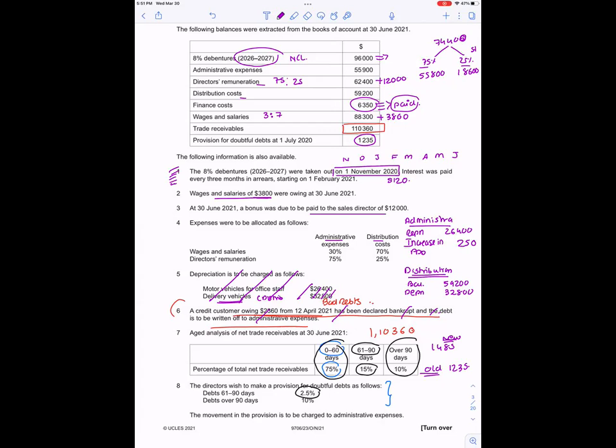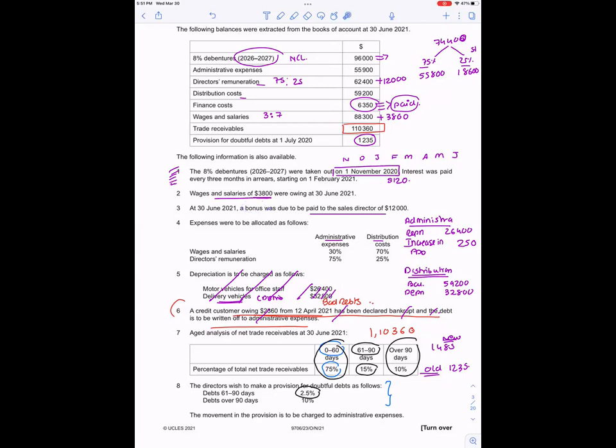This bonus due to be paid to the sales director, 12,000. Is it included in the director's remuneration or not?